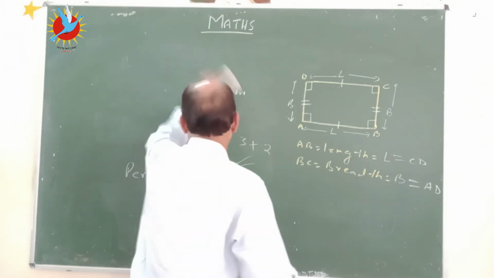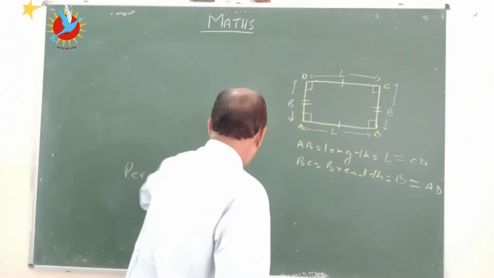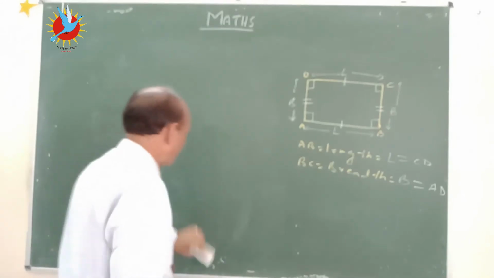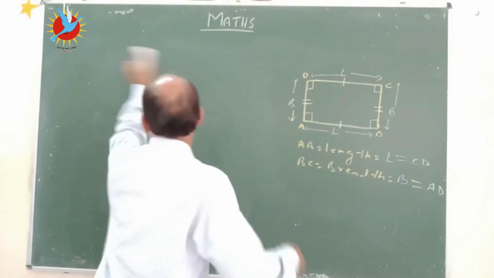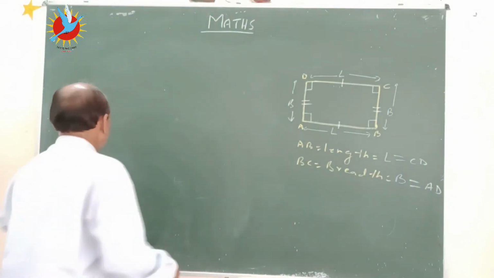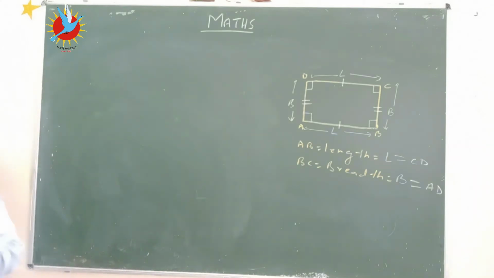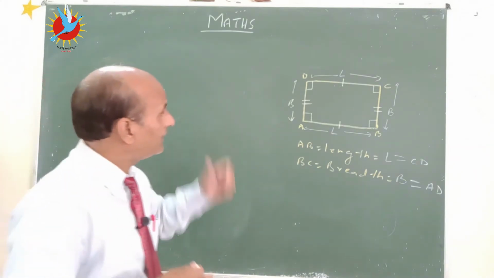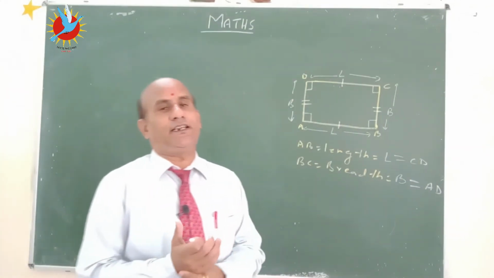Now the second mathematical property which this rectangle has is the area of the rectangle. How to find the area of this rectangle?